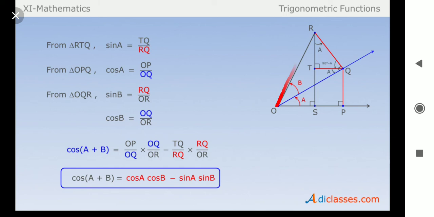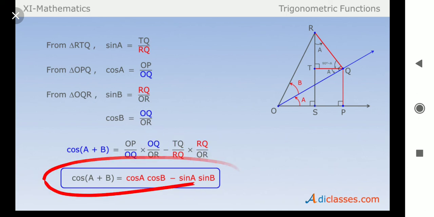So of course OQ by OR equals cos B. In the same way, we find sin A, cos A and cos B from the figure, and thus you can find cos(A+B).